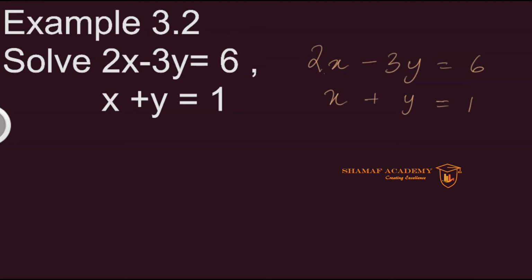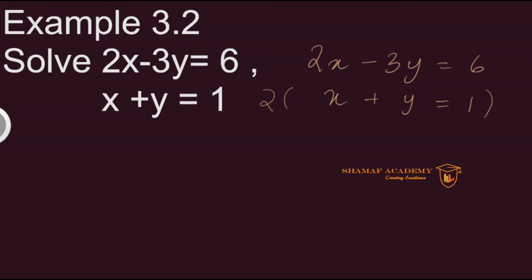Either this x should match the 2x or this y should match the 3y. I can multiply the entire equation by 2. This way this will become 2x, this will become 2y, and this will become 1 times 2, which is 2, so that this and this will become the same and I can cancel them. So let's try that.